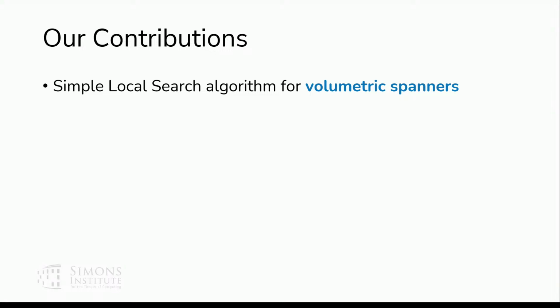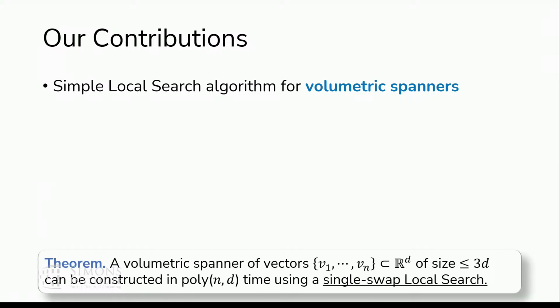In particular, I'm going to show that a simple local search algorithm gets tight bounds for volumetric spanner. So we show that if you just run a local search algorithm with the correct update rule, then you get a volumetric spanner of size at most 3 times d in polynomial time.